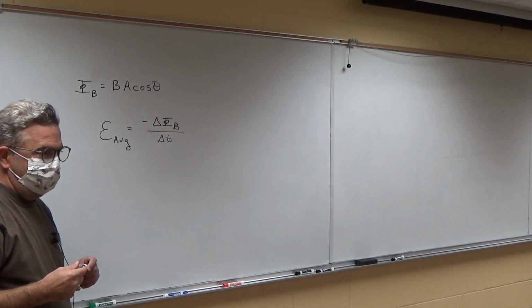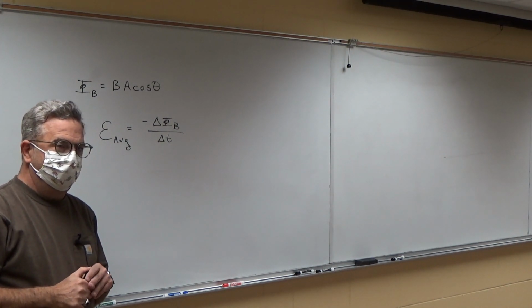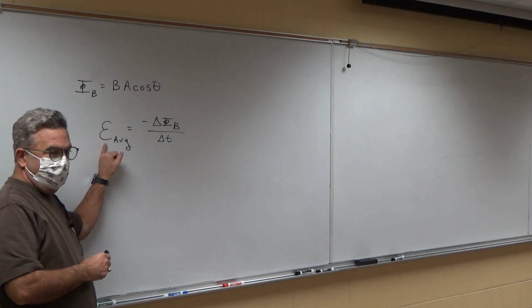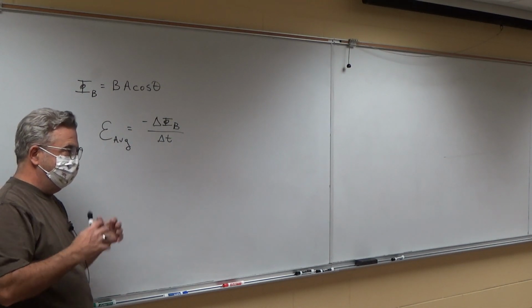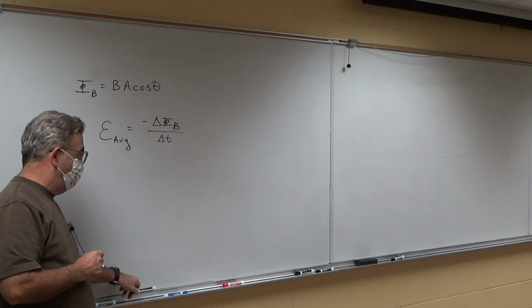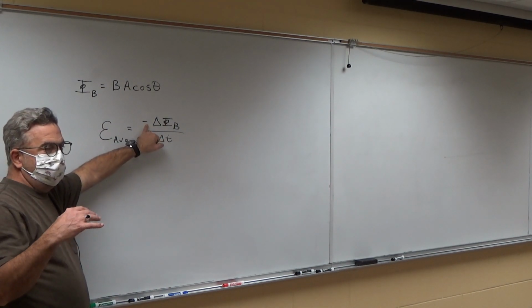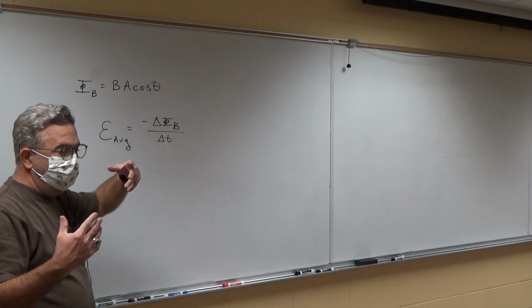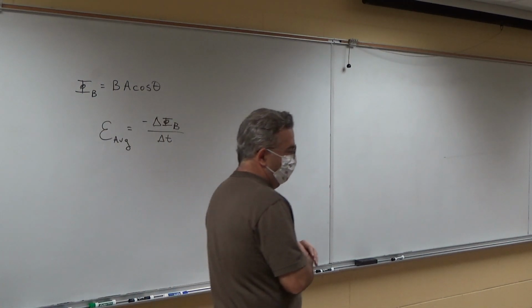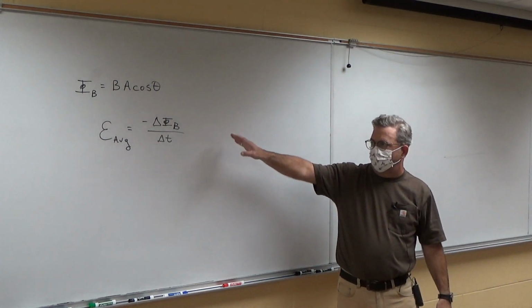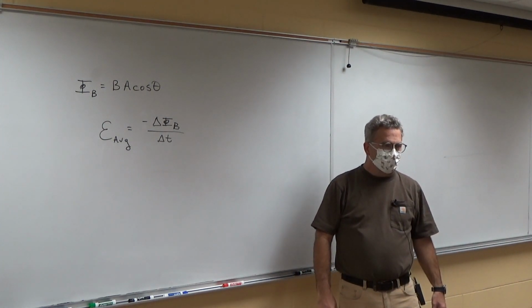You need flux, magnetic flux, and it needs to be changing, and if it is changing, you get an induced EMF, meaning you can make a current. You can push current around a circuit. The negative is there because the induced current will always oppose the change. In some places you won't see people put the negative in, but I think our text has the negative, okay?